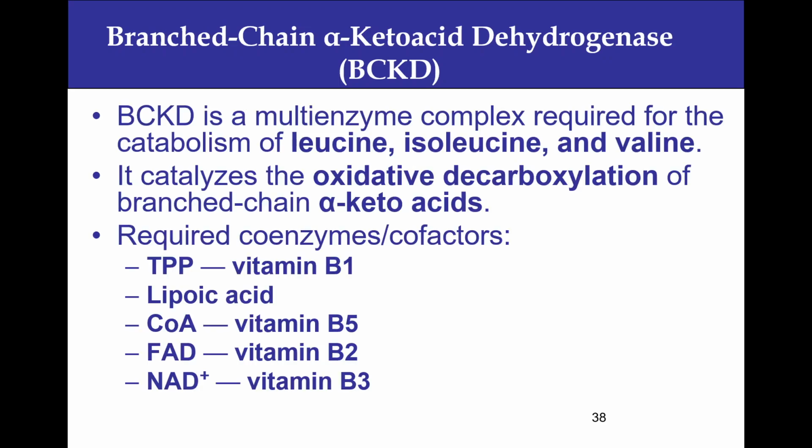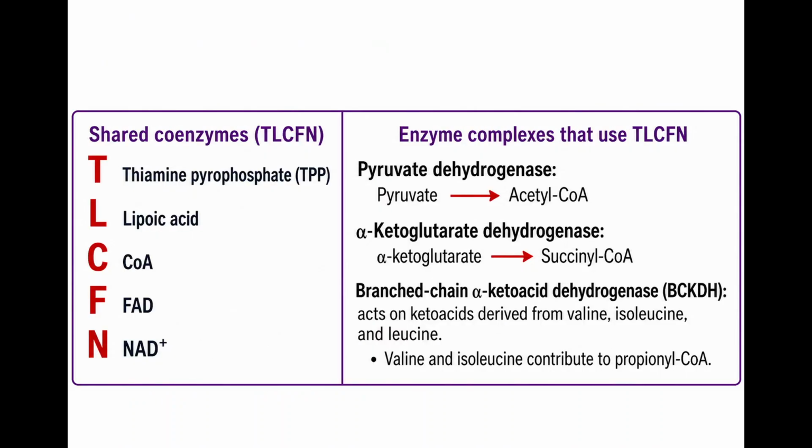We said that they require the 5 coenzymes, which we've seen in previous lectures in Mol 1. Pyruvate dehydrogenase requires these coenzymes, alpha ketoglutarate dehydrogenase requires them, and the third enzyme, the branched chain keto acid dehydrogenase, also requires these 5 coenzymes.